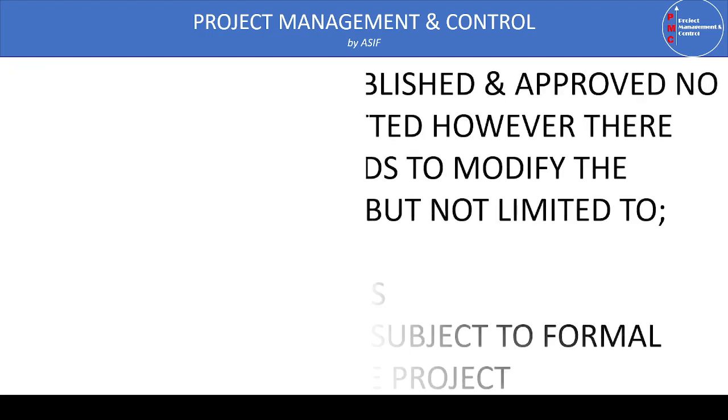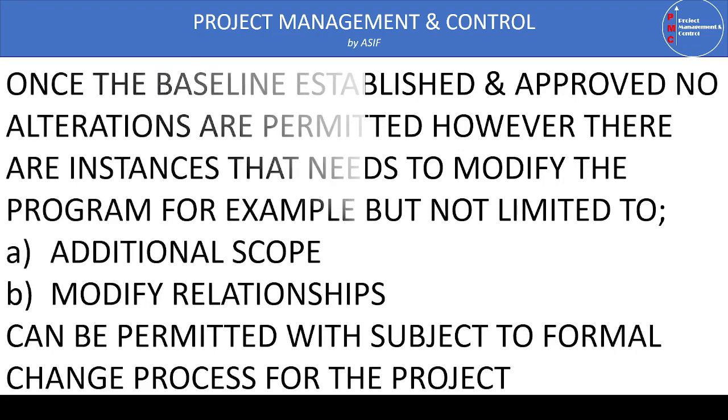But we all know that no project is progressing 100% as planned. So once our baseline program is approved, we are not allowed to make any changes or alteration in the approved baseline program. But as no project is progressing 100% as planned, there are instances where additional scope is awarded by the client, or the project is not progressing as we planned.